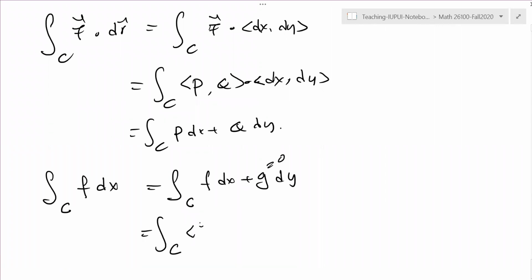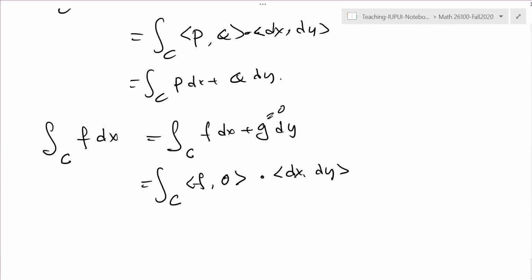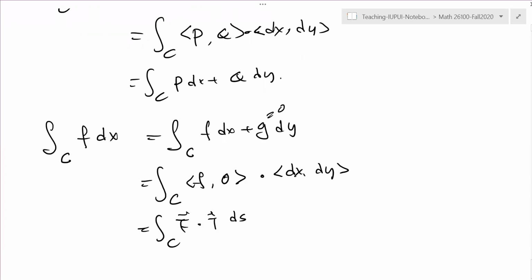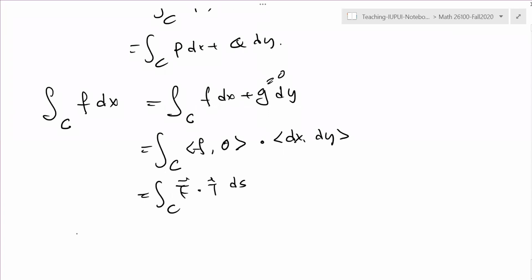This is going to be (f, 0) dot (dx, dy). So this is the integral f ds, and the vector field just has one component. Okay, we understand that. Then we can do the other problems.